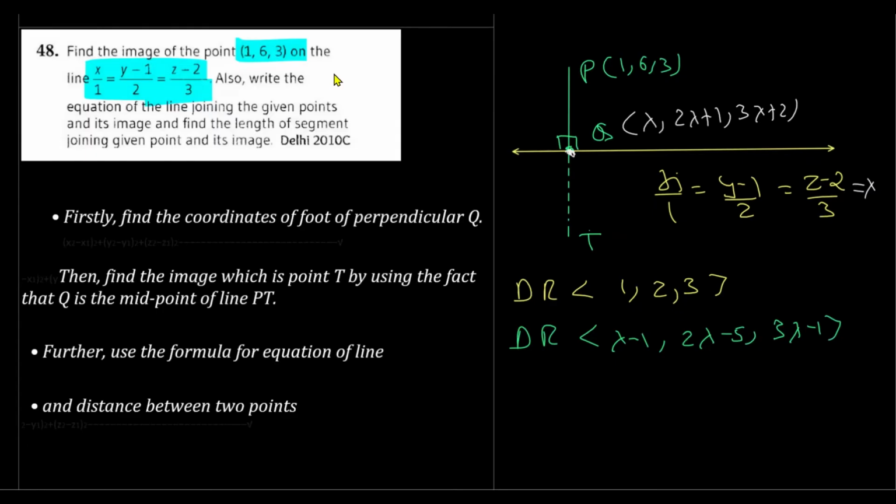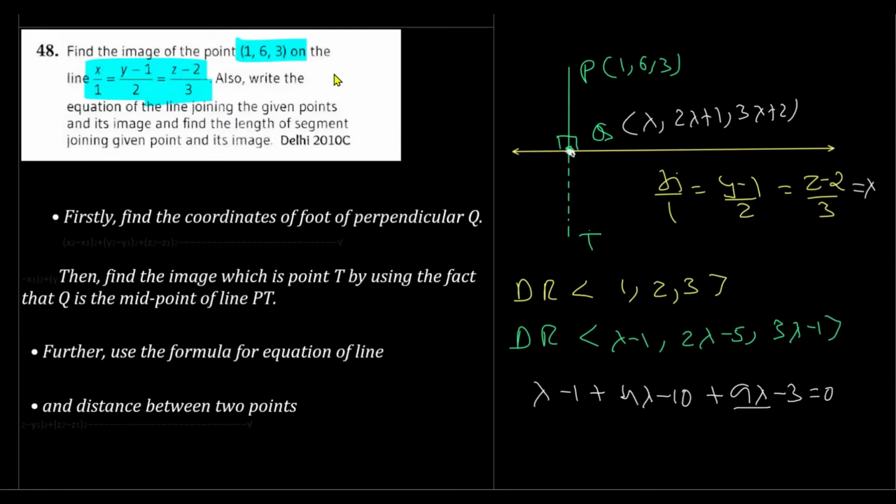So we got the direction ratios of these two lines. What you can figure out is that these two lines, the green and the yellow one, are perpendicular to each other. Therefore, the sum of the product of direction ratios should give you 0. So 1 multiplied by (lambda minus 1) plus 2 multiplied by (2 lambda minus 5), which is 4 lambda minus 10, plus 3 multiplied by (3 lambda minus 1), which is 9 lambda minus 3, should be equal to 0.